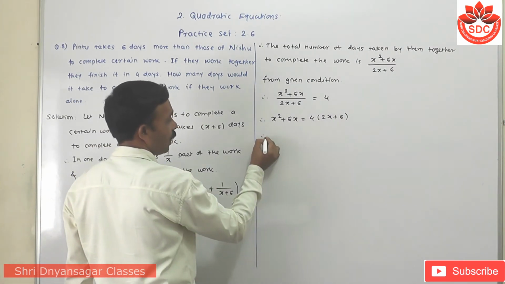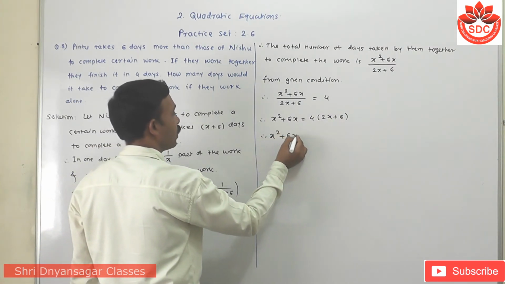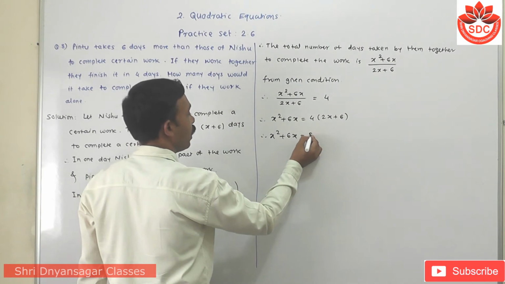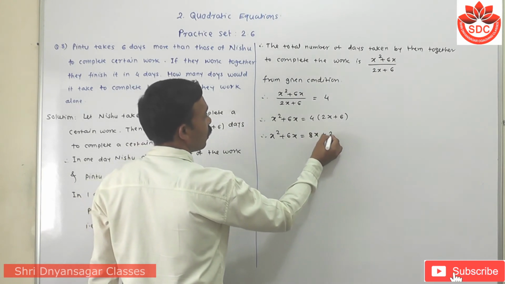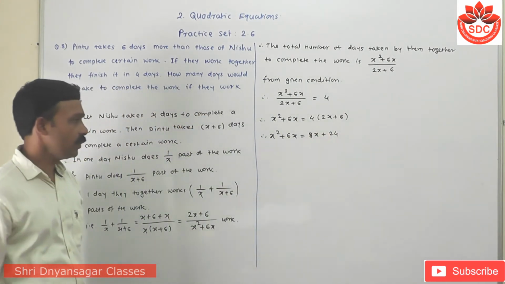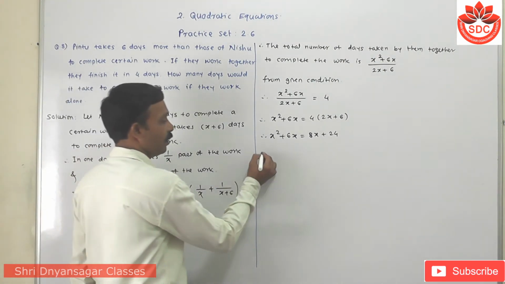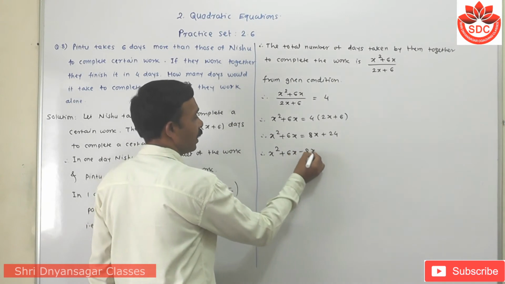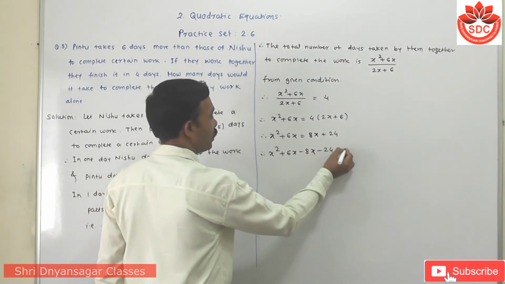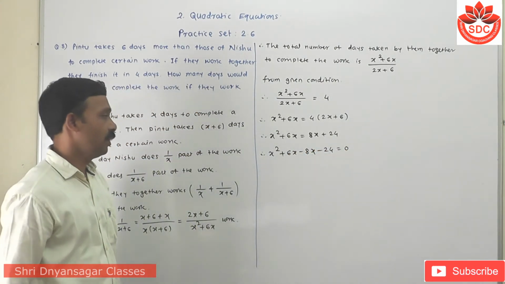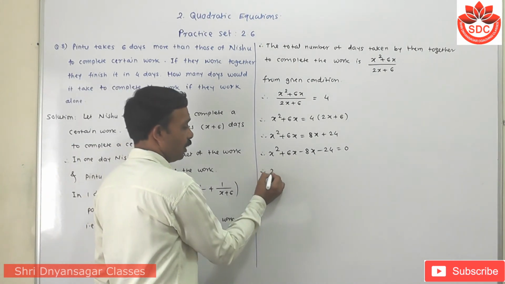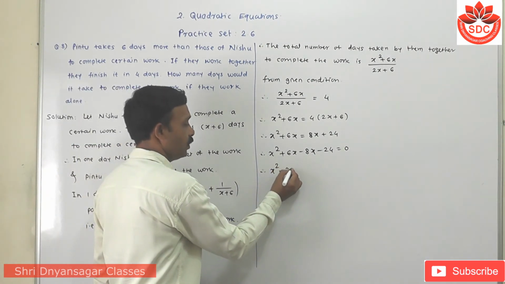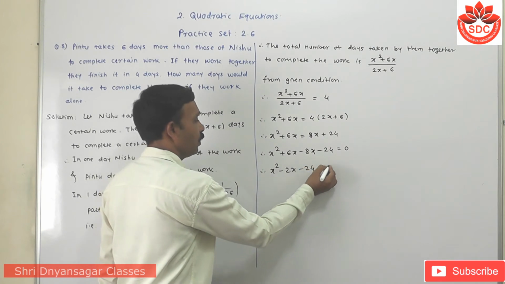Multiply it by 4 we get x square plus 6x is equals to 8x plus 24. Transfer all this to this side we get, therefore x square plus 6x minus 8x minus 24 is equals to 0. Then the subtraction of them is x square minus 2x minus 24 is equals to 0.